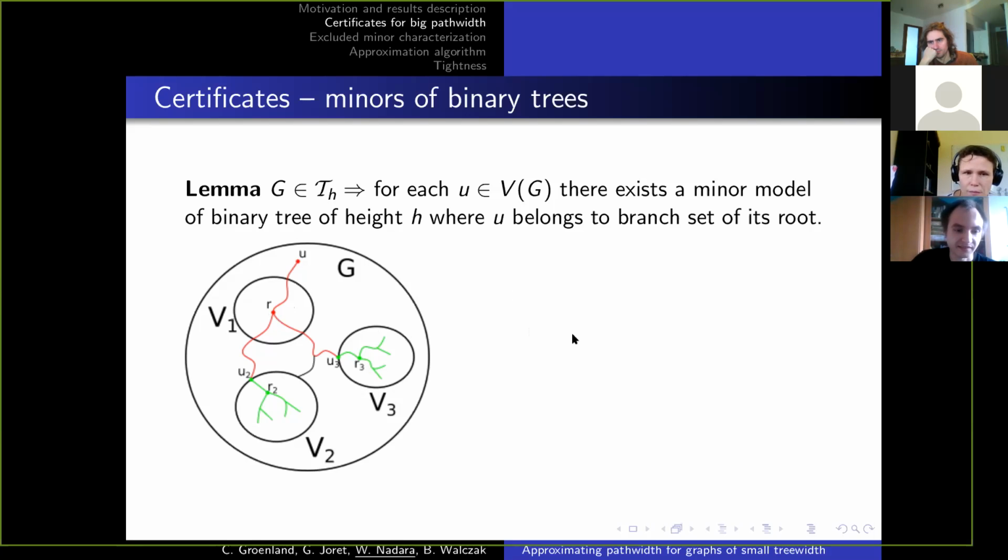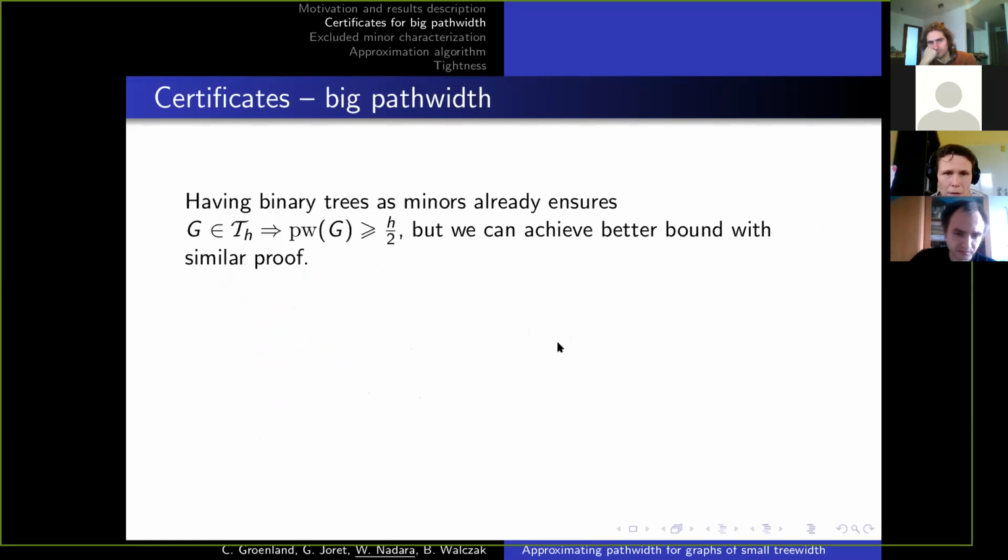Okay, and the next property that we would like to prove about these certificates is that graphs that belong to T_h have a big pathwidth.